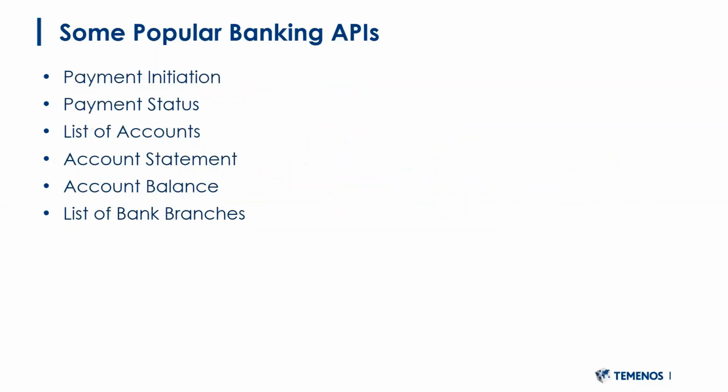So there are these popular banking APIs: payment initiation, payment status checks, list of accounts, account statement, account balance checks, list of bank branches, list of ATMs, and so on.